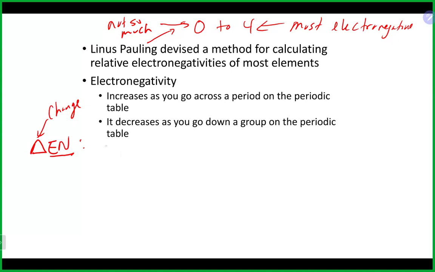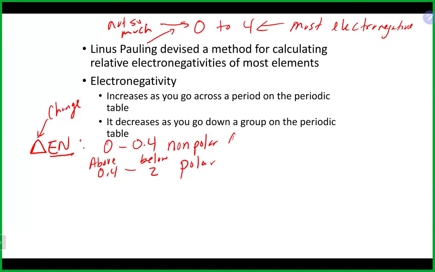If you get anywhere from 0 to 0.4, that bond is considered a nonpolar bond. We're going to have some equal sharing of electrons in this case. If you get above 0.4, which I guess would be 0.5, and you are below 2, you will have some type of polar covalent bond, which means we will have unequal sharing of electrons.